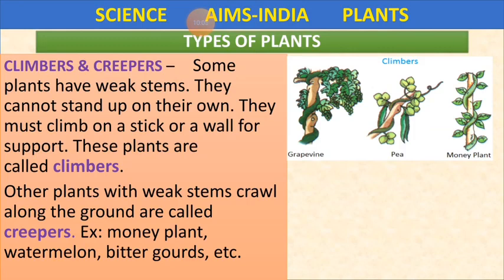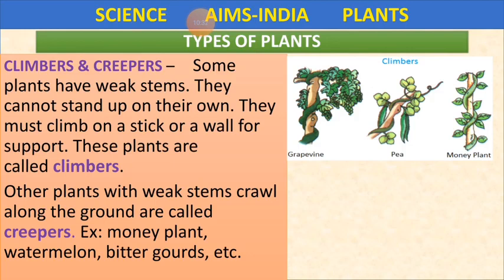In the name only you are getting the meaning, and you can just imagine how the plant will be. Climber, in the sense, climbing, going up. Yes or no? So, some plants have weak stems. They cannot stand up on their own. They must climb on a stick or a wall for support.